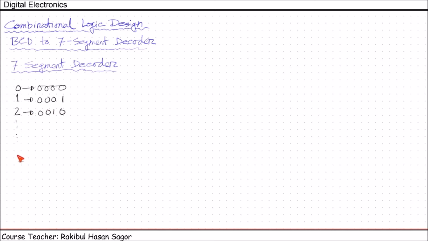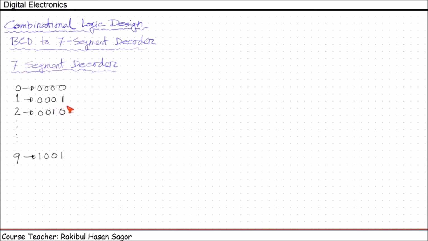In this way we can represent up to 9, which is represented by 1 0 0 1. Now as an engineer we understand this 0 0 0 1 is the representation of 1 in BCD format, but in order to express this number to the mass people, we need to express the number in a way so that people can understand. That's why we use a 7-segment decoder.